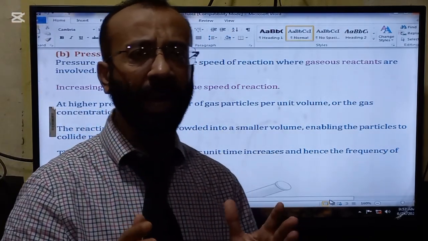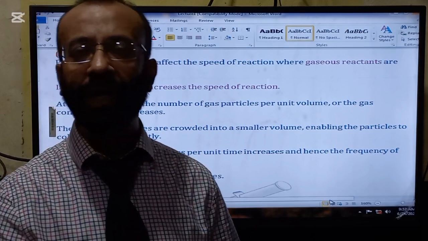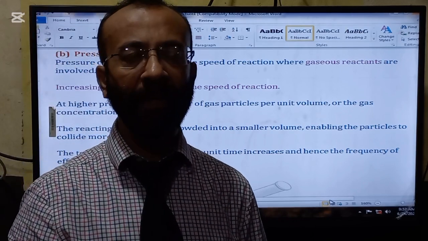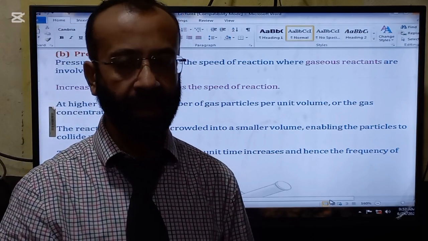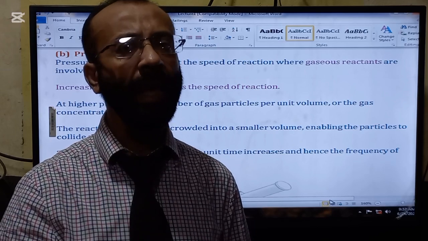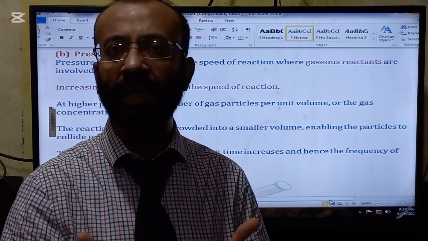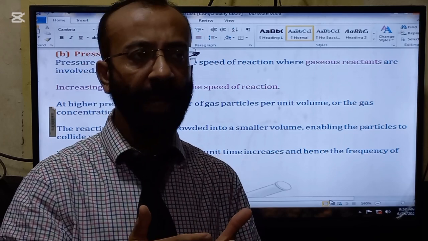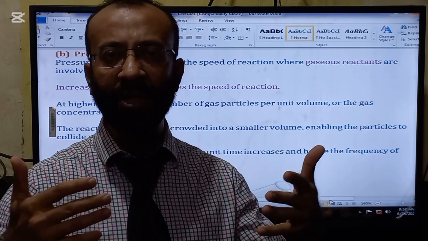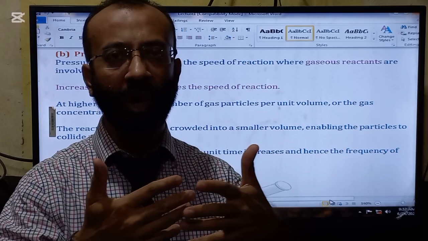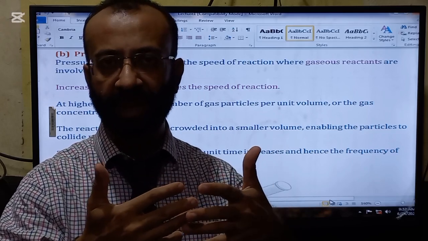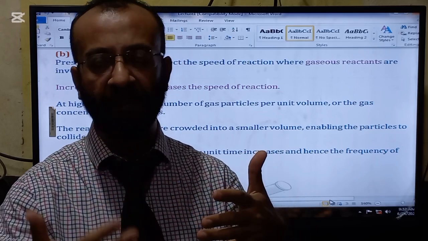So the original idea, which keeps coming again and again, is that if the particles of the reactants come closer by any way, the way may be like increasing the temperature, because increasing the temperature will make the reacting particles faster, they will collide more frequently.